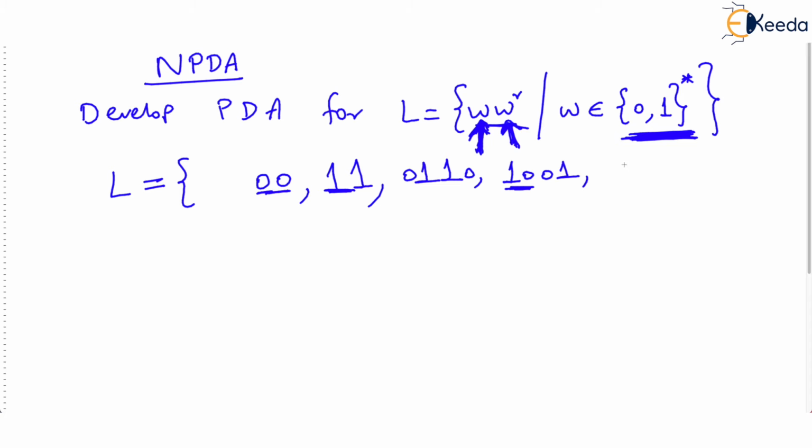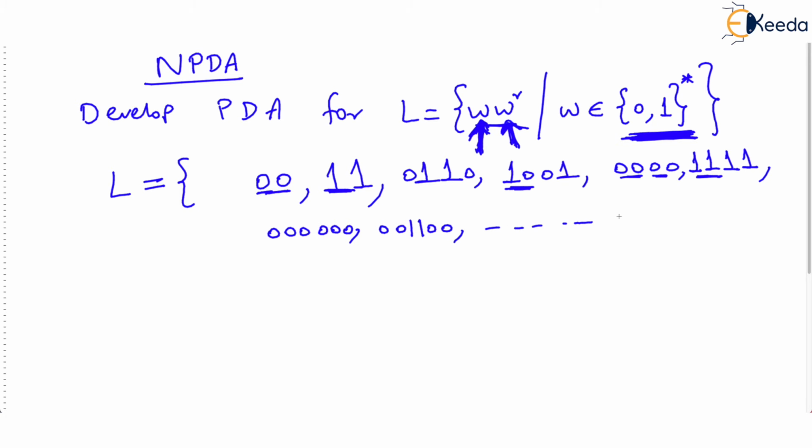Or let's say we take 0, 0 as W, then reverse will be 0, 0. Or if we take W as 1, 1, then W reverse will be 1, 1. Or if we take W as 0, 0, 0, then reverse will be 0, 0, 0. Or 0, 0, 1, then reverse will be 1, 0, 0.